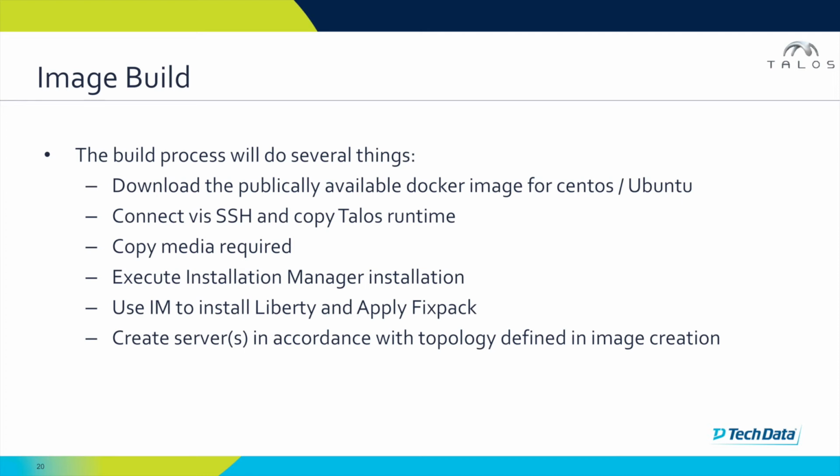It'll connect via SSH and copy the Talos runtime over to that target machine that you're building the image on. It'll copy over any media required. It will execute the Installation Manager installation. It will use Installation Manager to install Liberty and apply a fix pack. And it will create whatever servers have been specified within the topology that you've created.